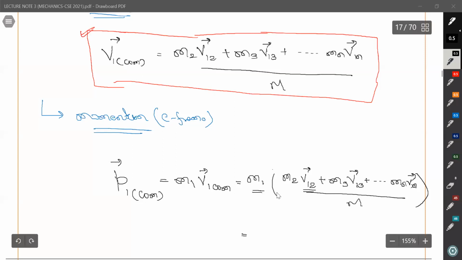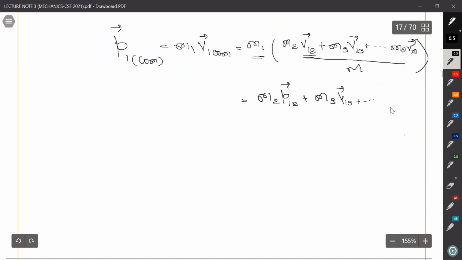m2 into p12 plus m3 into p13, and so on, up to mn p1n, the momentum with respect to the n frame, upon M. So this will be the momentum of a particle with respect to the center of mass.